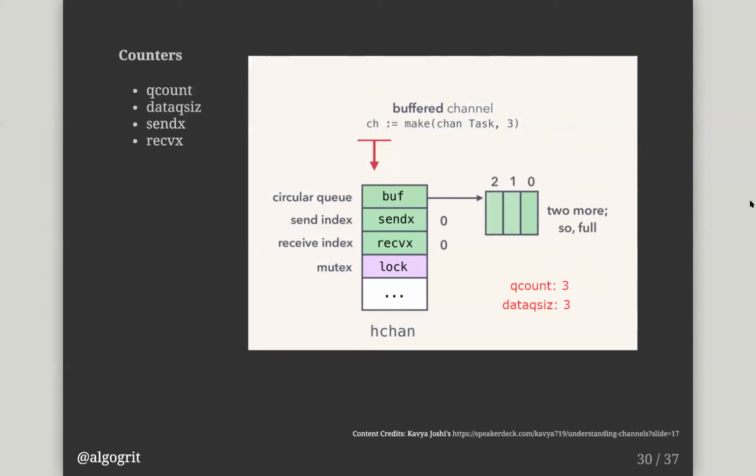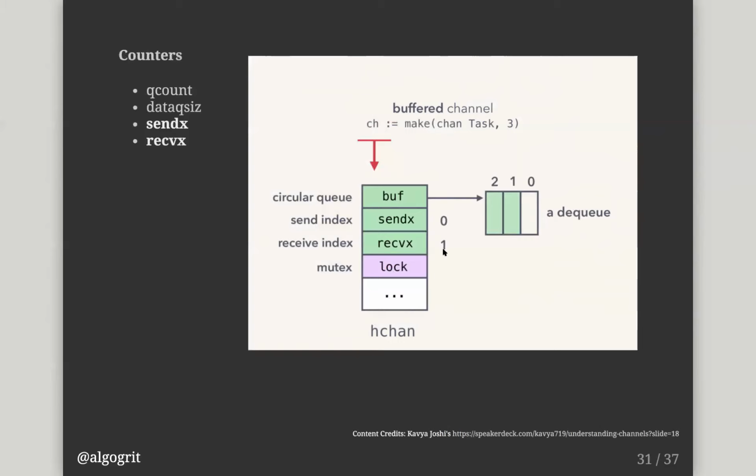Once one dequeue happens, receive X becomes 1. Send X still is 0, so if a Go routine comes in and tries to send, it would fill the slot 0 and send X would become 1. So the next Go routine which reads from this channel would start reading from 1.